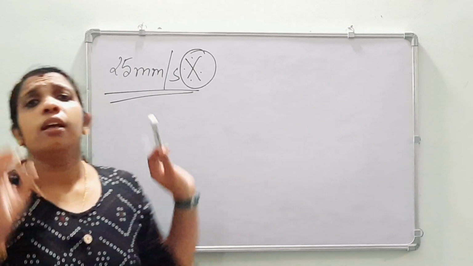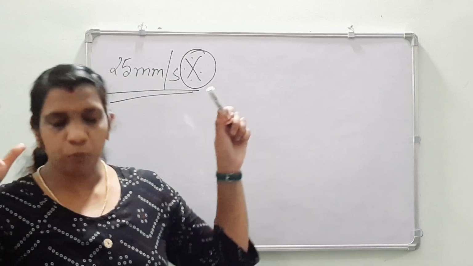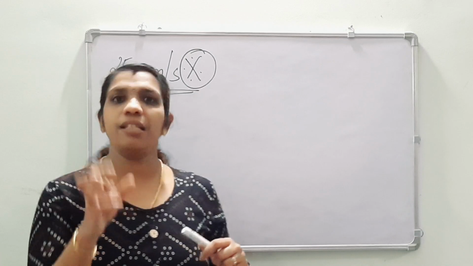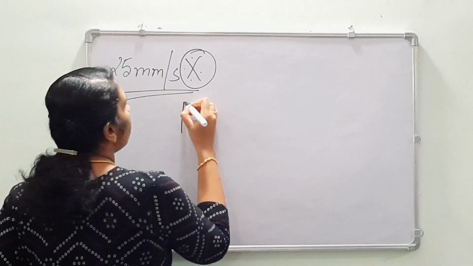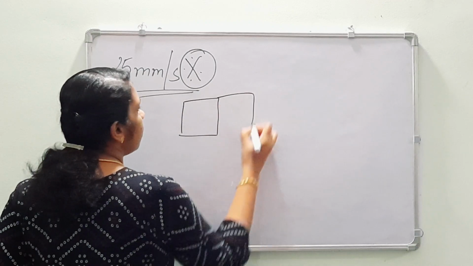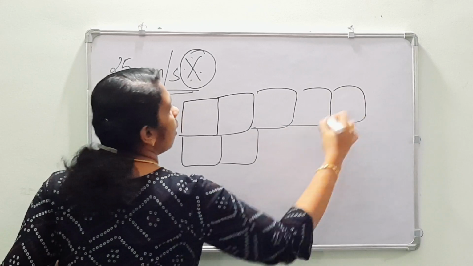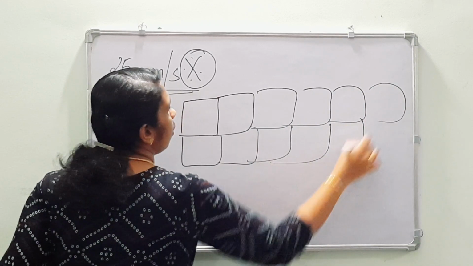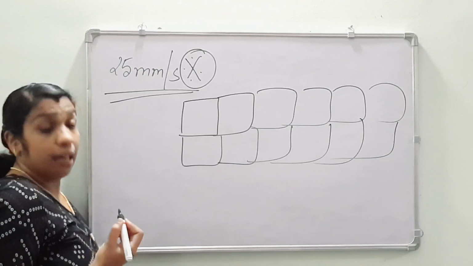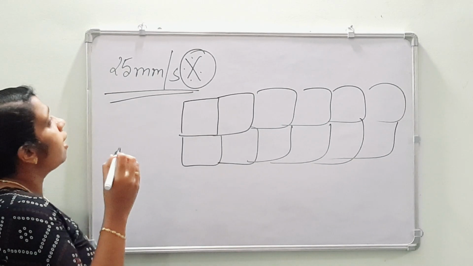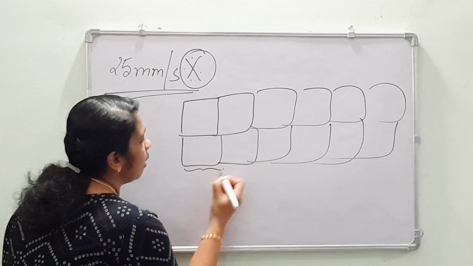Regarding the boxes, in ECG paper we see many large boxes as well as small boxes. The large boxes will be arranged like this in the ECG paper. This large square corresponds to 5 millimeter.